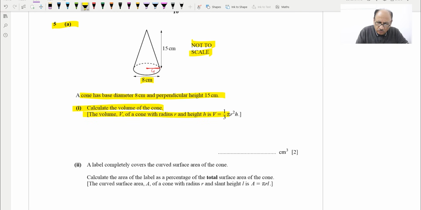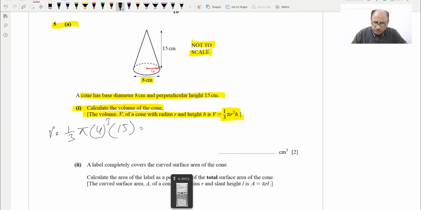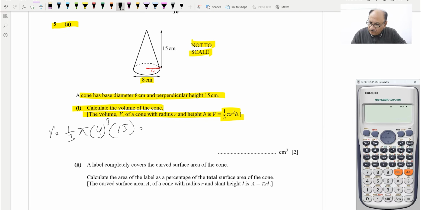The volume of a cone with radius r and height h is 1 by 3 pi r square h. So volume is equal to 1 by 3 pi, and the r value is 4, so r square into h, which is 15.